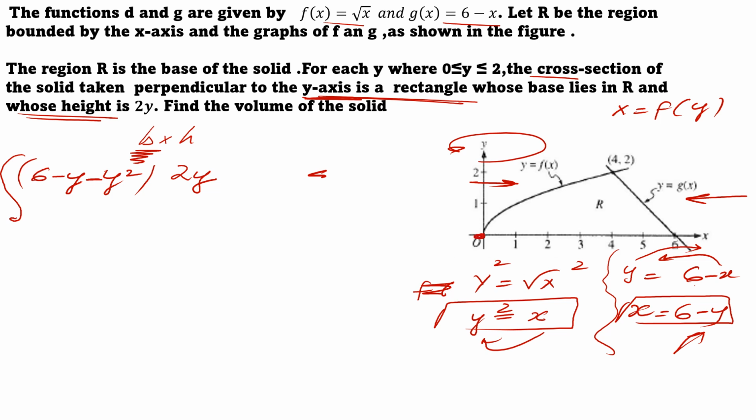From 0 till 2. The y value is 2, the point of intersection, from 0 till 2. Don't forget to put the dy. That's all. This is how we will find out the volume of a rectangle.